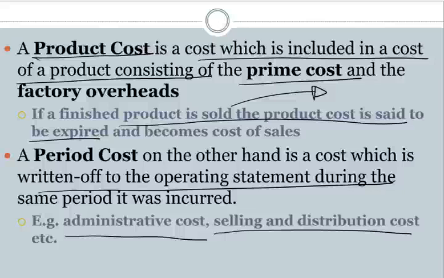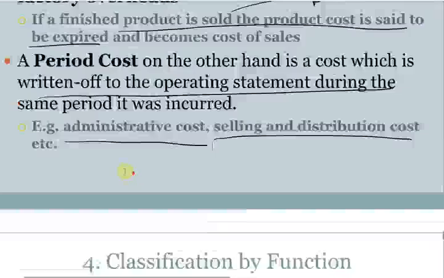They are not carried forward. While for product cost, if a cost has not expired or has not been used, it will be carried forward to the next period. While period costs will be shown in the year they are incurred. That's why they are called period cost.